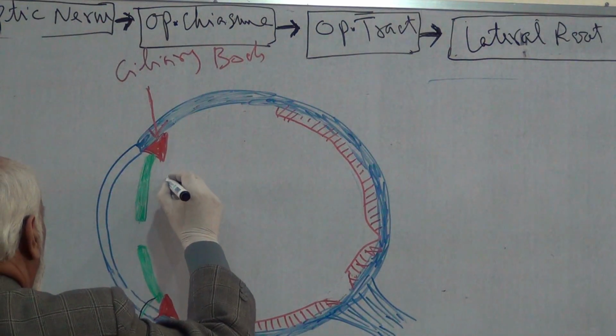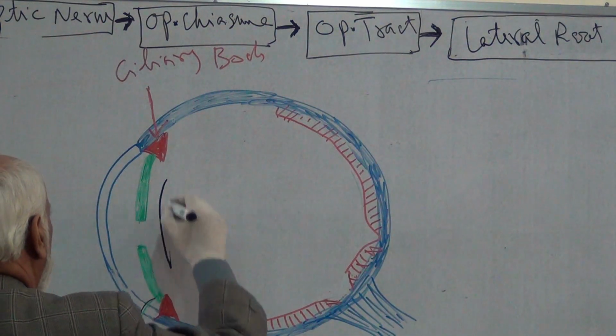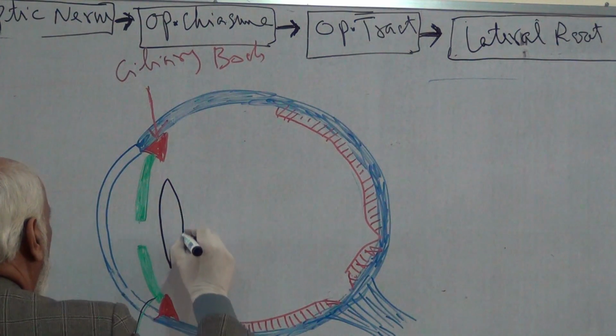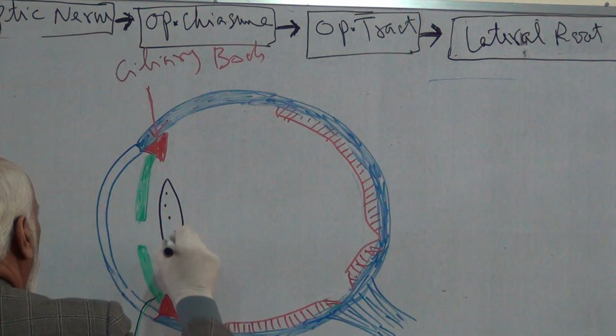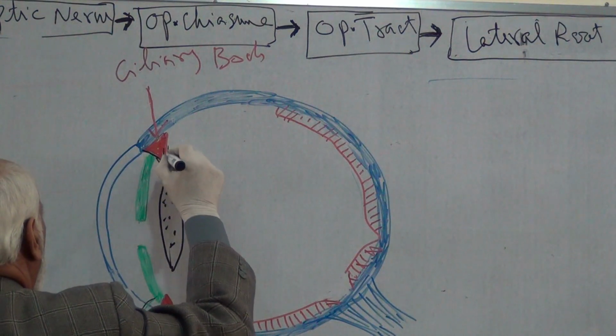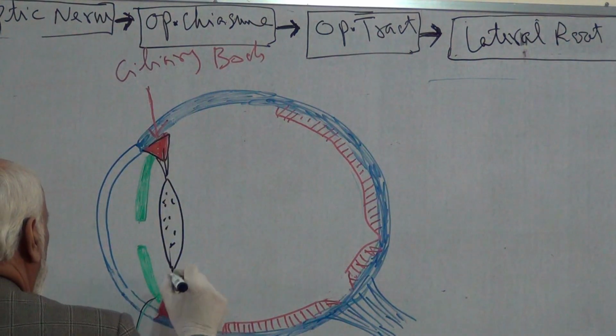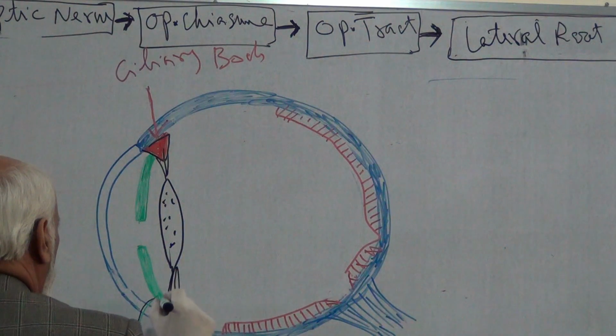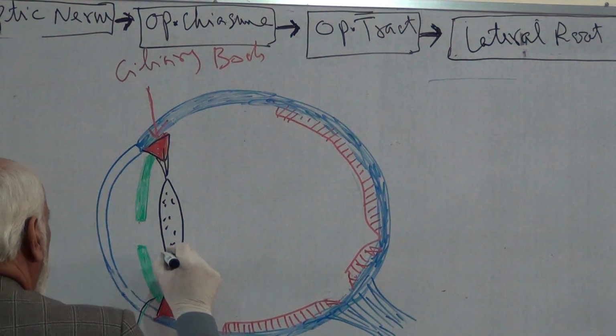And this is the lens, suspended by the suspensory ligament to the ciliary body, and the ciliary body has the ciliaris muscle.